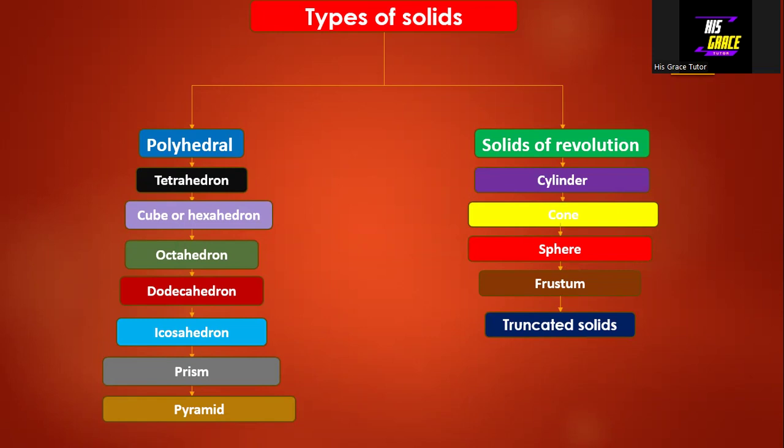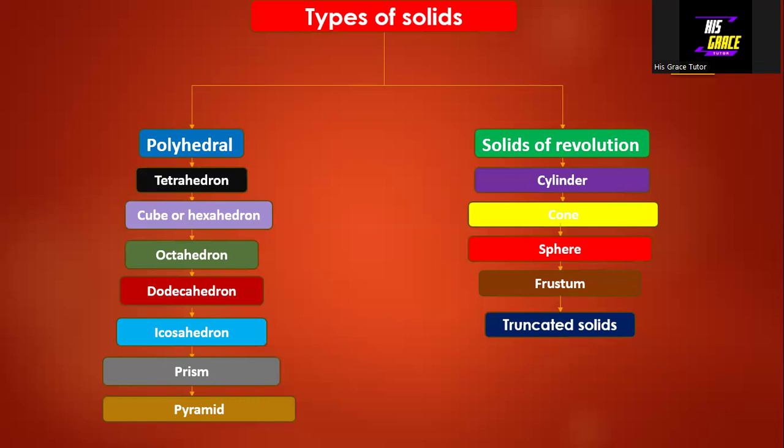Now, after we have talked about the types of solids, I want us to focus on one of these two, and we are focusing on polyhedral. So we talk about the properties of tetrahedron, cube or hexahedron, octahedron, dodecahedron, icosahedron, prism, and pyramid. All these properties are very, very important.